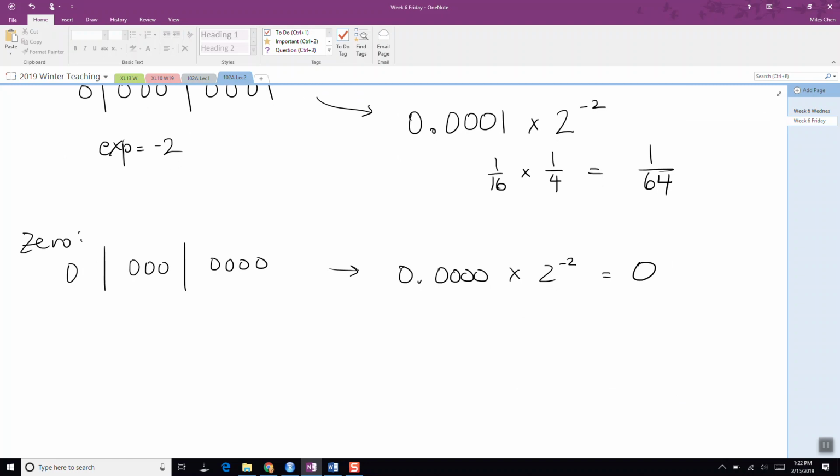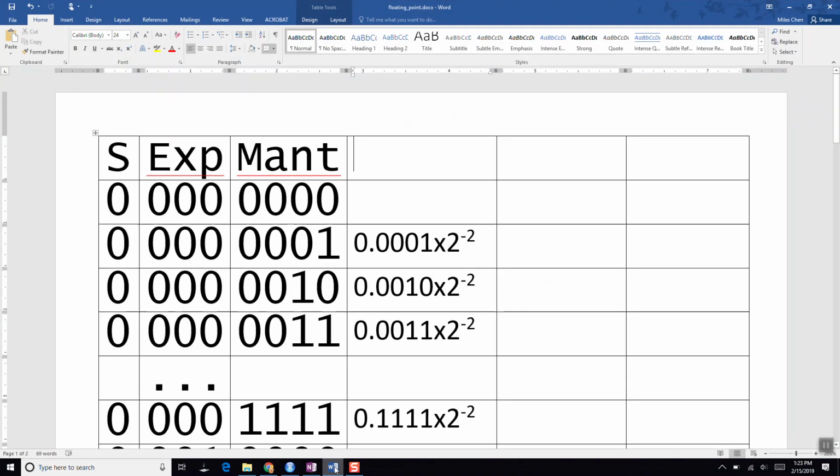Is this okay? All right, so I created this little worksheet to say, all right, so here's my sign. These are all the bits for our mini float. The sign bit, the exponent bits, and the mantissa, okay? So this will just be 0, no surprise there, okay? 0.0000 times 2 to the 0.